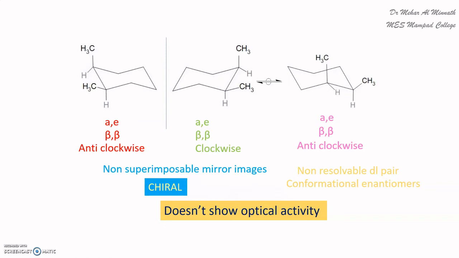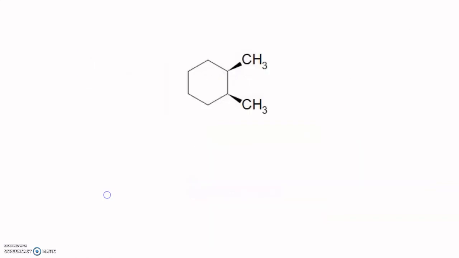Now, I said they don't show optical activity. Earlier, when they detected that the 1,2 disubstituted dimethyl cyclohexane did not show optical activity, scientists thought that it was because they are meso. Now, when we look at a planar structure, we find that there is a plane of symmetry and they appear to be a meso compound.